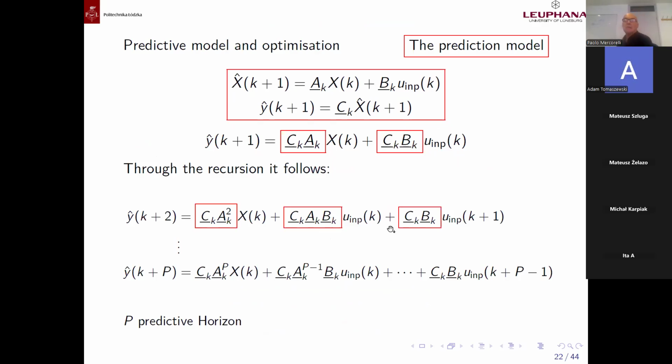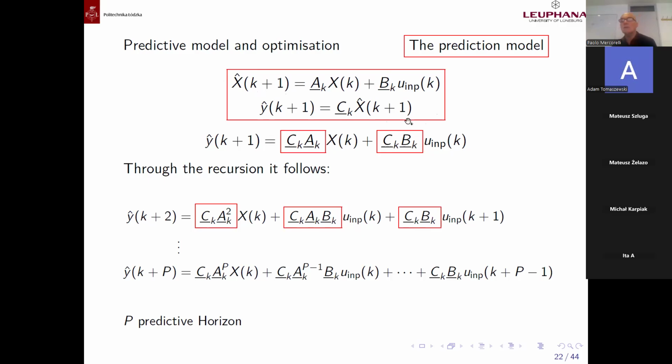Look, in this slide, you remember last time I told you a lot about the prediction. Also in this form, at the beginning, we have the prediction, because starting from today, k is today, state of today, input of today, I will predict the state of tomorrow.